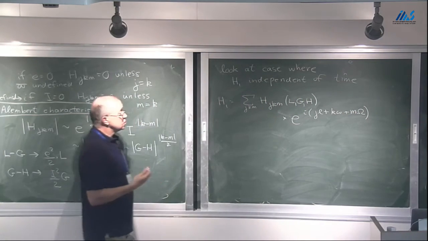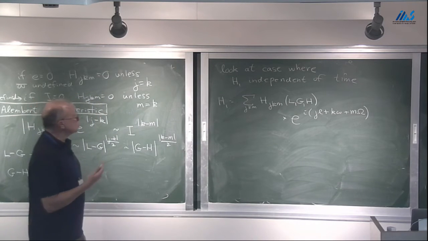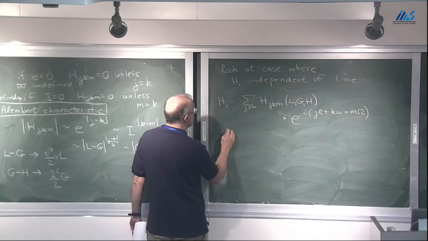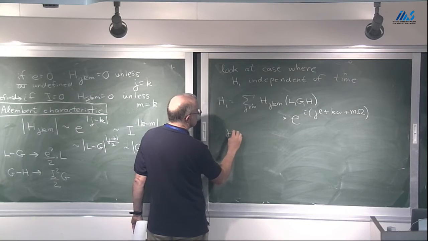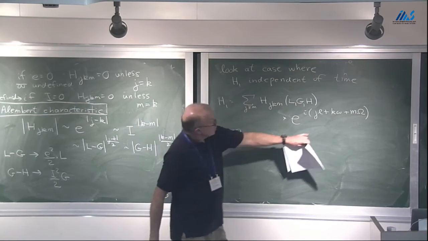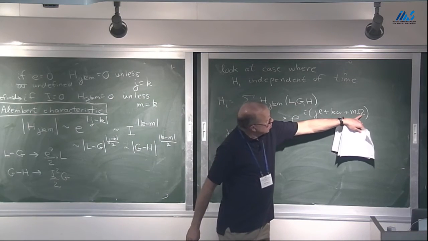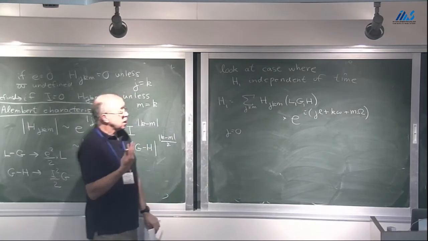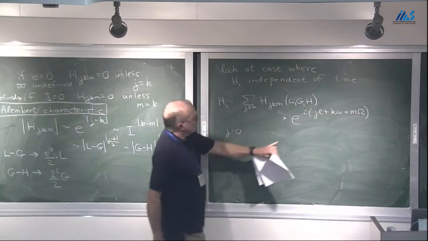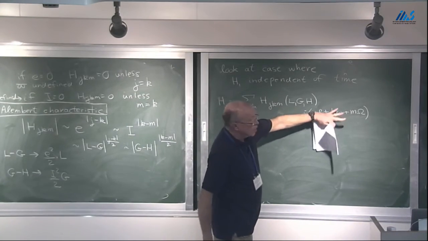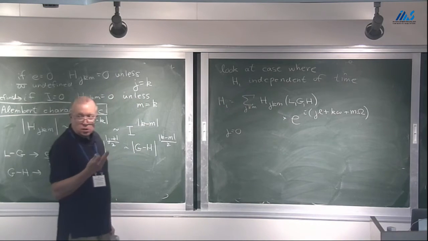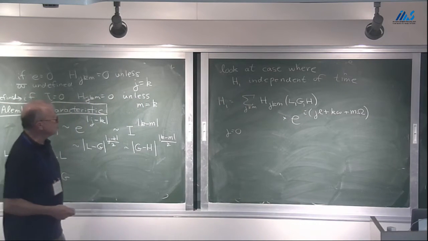And in this case, there's an obvious distinction between two kinds of terms. If J is 0, because omega and the longitude of the node don't change in the Kepler orbit, the argument of the exponent is changing very slowly, only as a result of the perturbations.